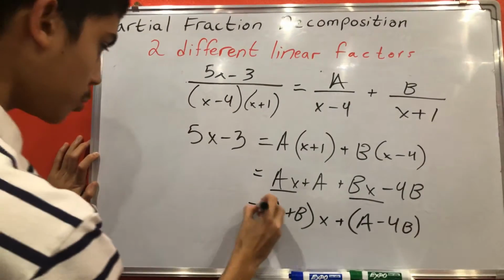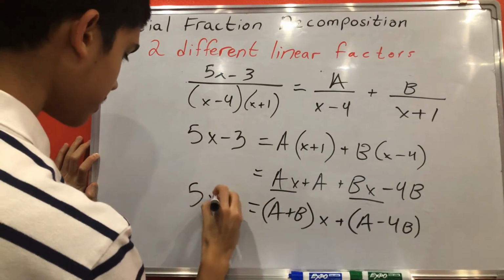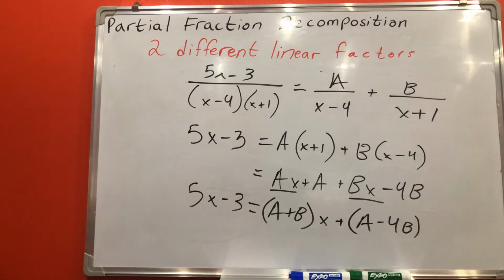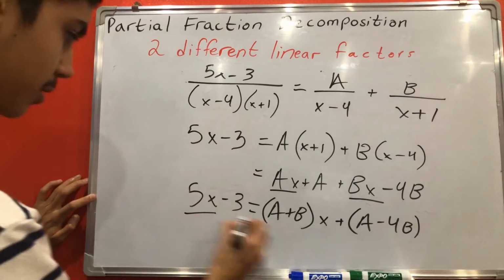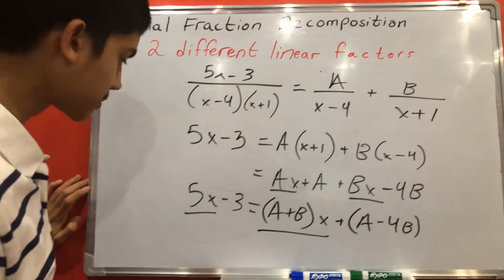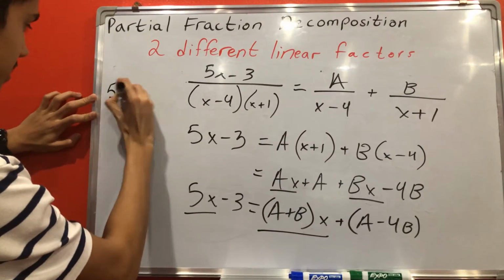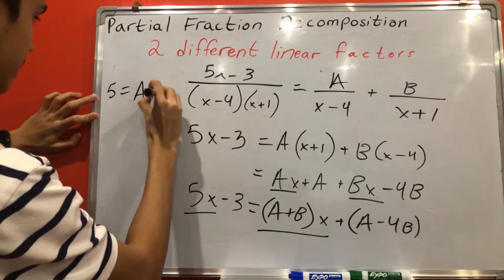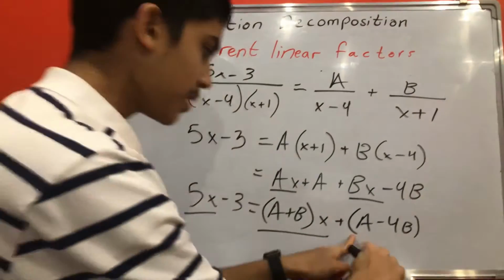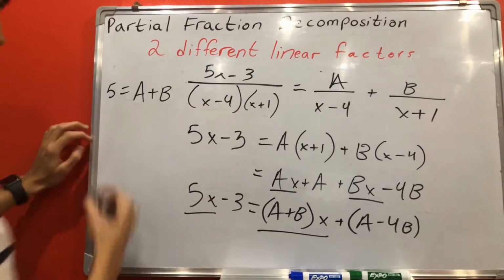And now we're going to use the corresponding coefficients in order to solve for A and B and get a system of equations. So we see that A plus B must be equal to 5 because those are the corresponding coefficients. So we'll say that 5 is equal to A plus B. And we'll say that A minus 4B is equal to negative 3.